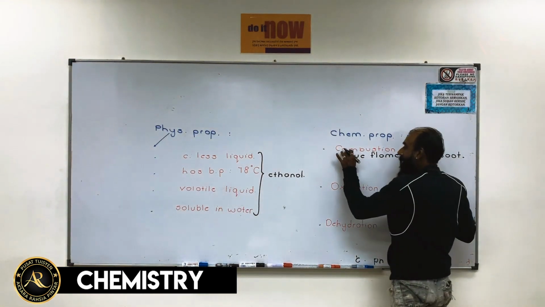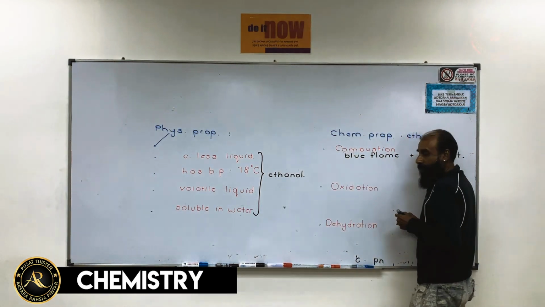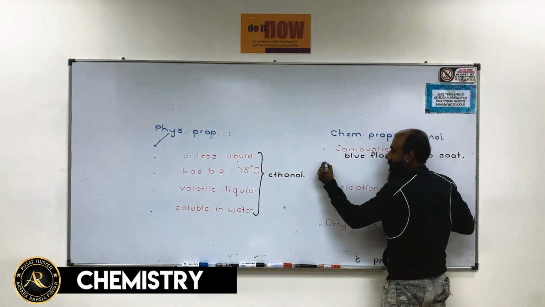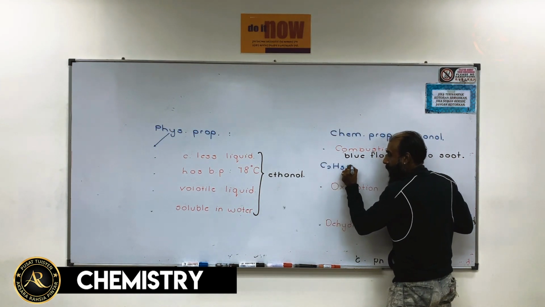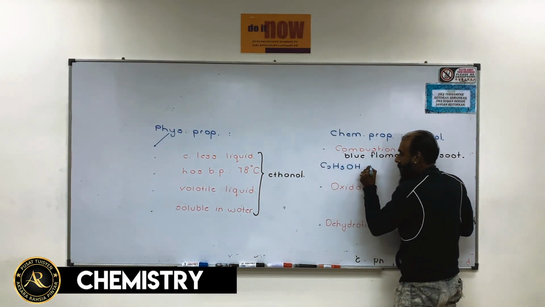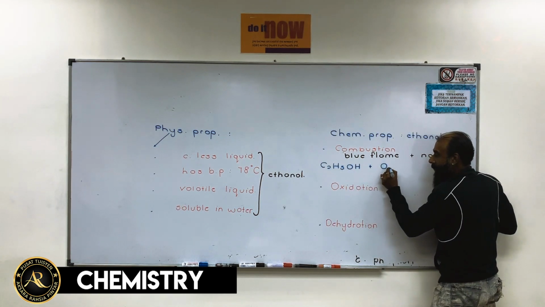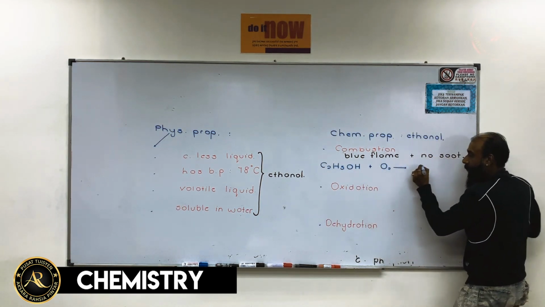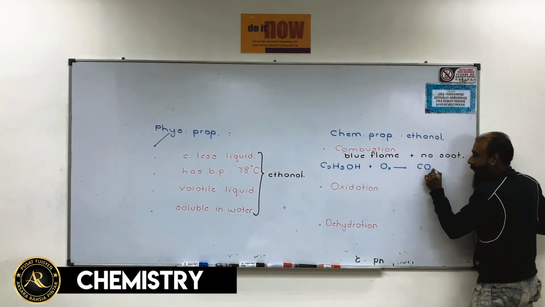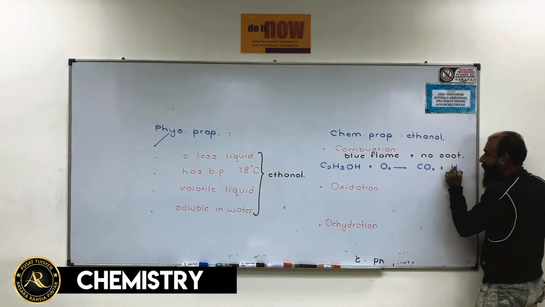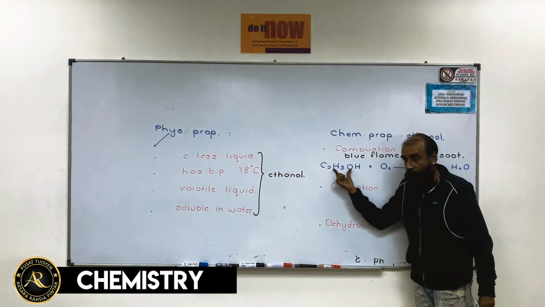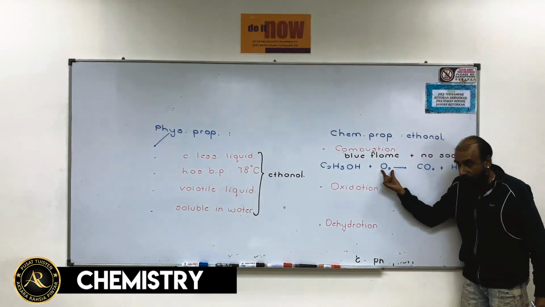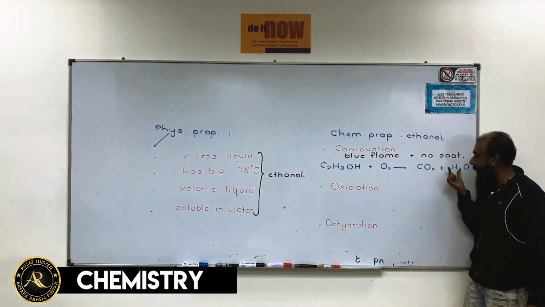The chemical equation: C2H5OH, burn in excess oxygen. Your product will be carbon dioxide and water.